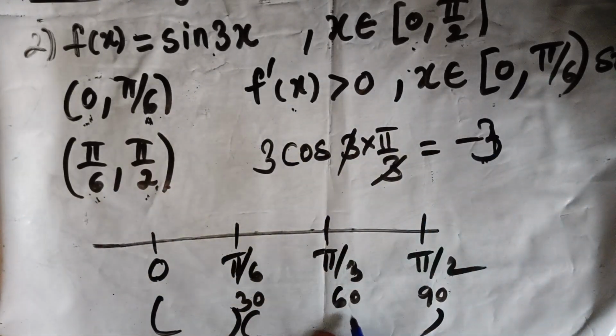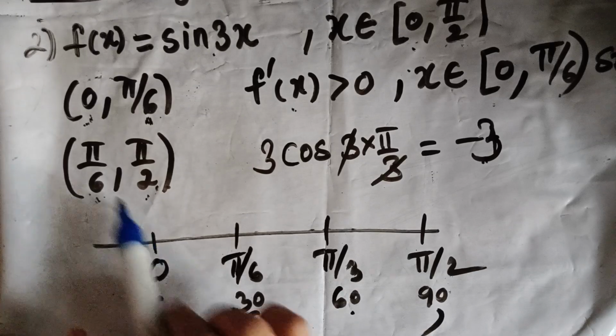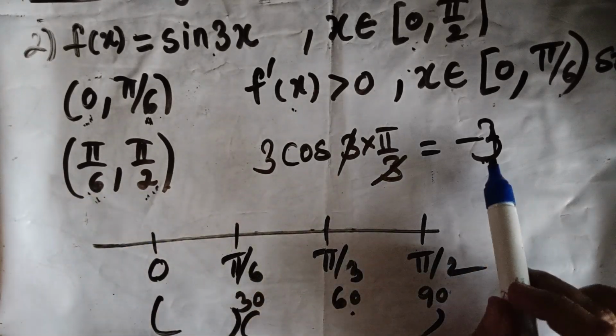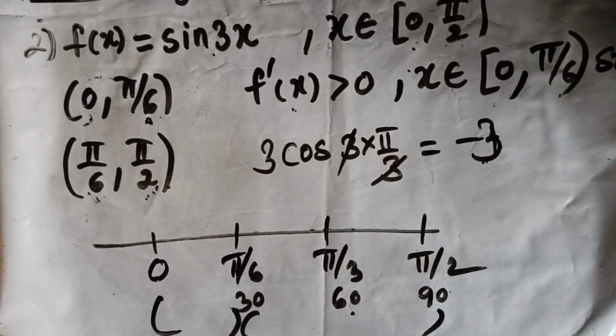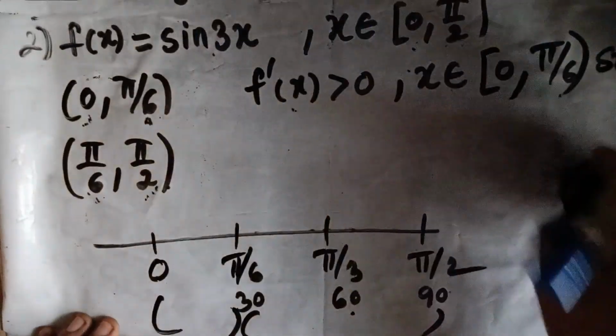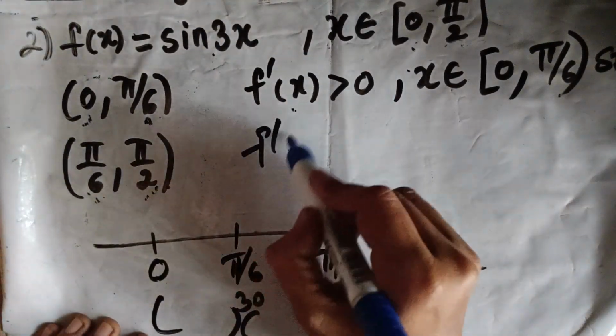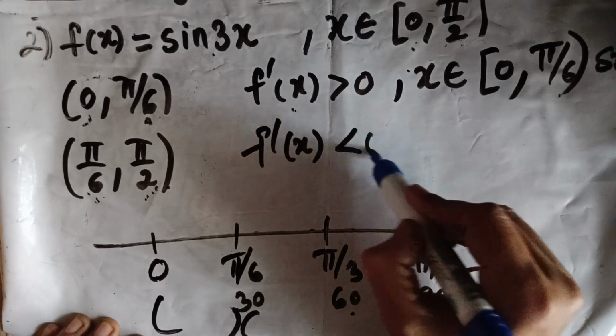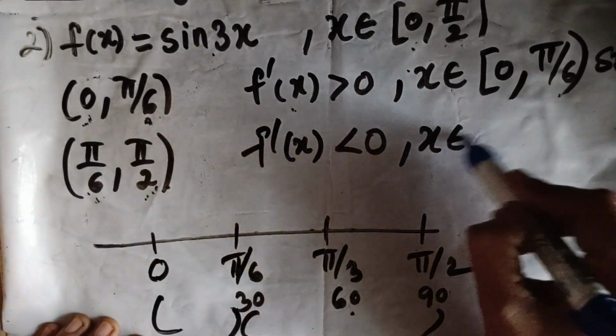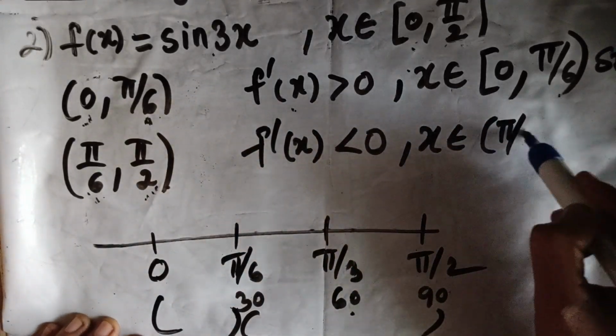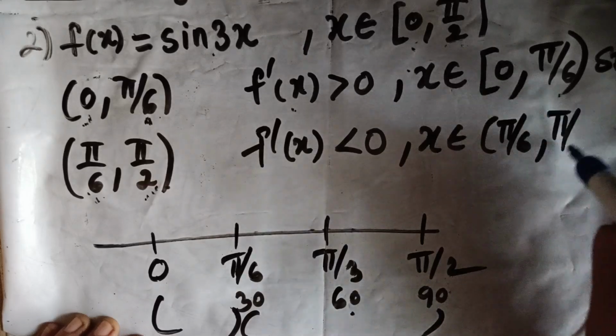So for the point between these two points, we are getting the function strictly decreasing. So we can write f dash of x is strictly decreasing for the open interval pi by 6 to pi by 2.